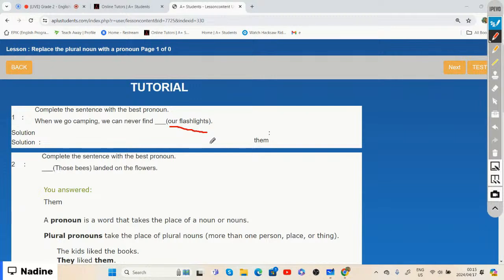All right. So if we were to find the best pronoun and replace the word flashlights, we can say, when we go camping, we can never find them, right? And them refers to the flashlights.